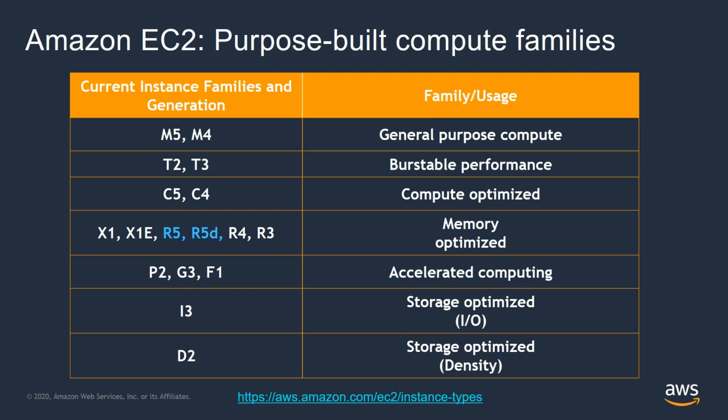And of course, the network speed is up to 25 gigabits per second as well. So it's very important to pick the right type of instance for your SQL Server, and mostly I recommend to my customers to pick R5 or R5D because they are more memory optimized, and SQL Server will run better on those instances.